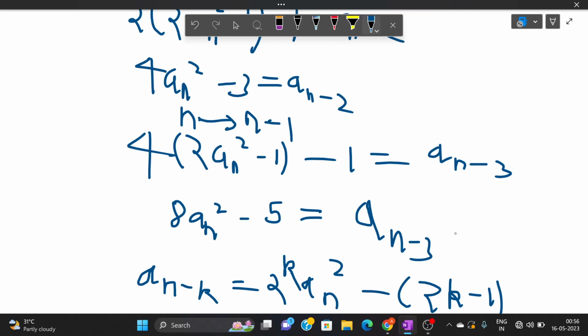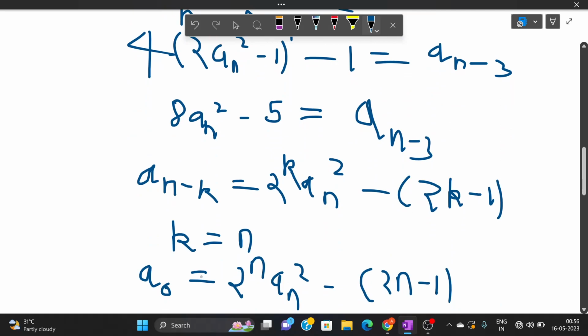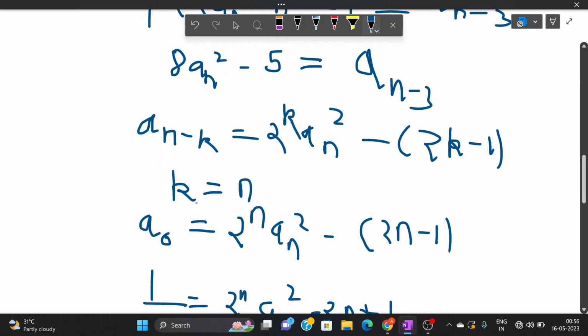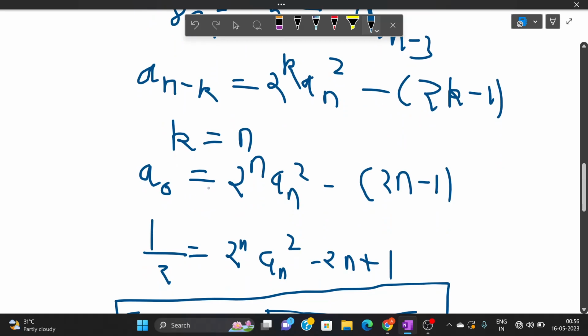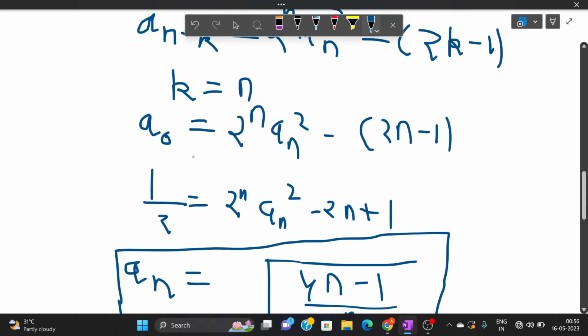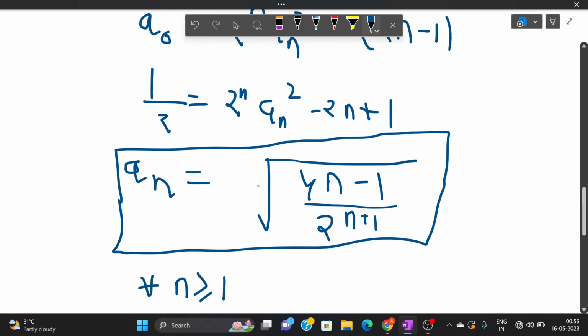So with that we get a n minus k is equal to 2 to the power k a n square minus (2k minus 1). Finally I put k equal to n. So I get a naught equal to 2 to the power n a n square minus (2n minus 1). I put a naught as 1 by 2, and finally I get this relation in a n and n.